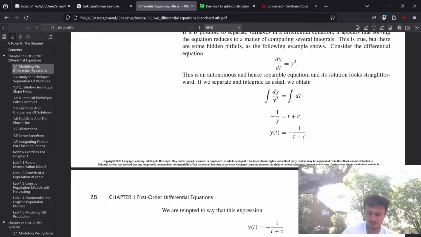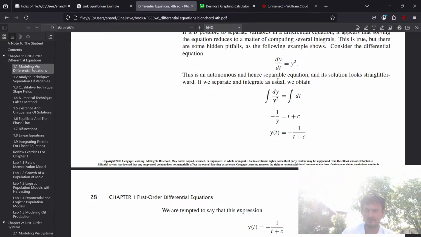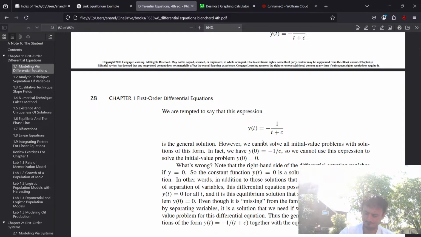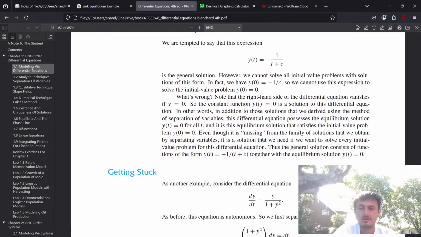Y dot equals y squared is weird because the solution is y of t equals 1 minus 1 over t plus c, which lacks y of t equals 0, which also exists. Okay, so there we go.